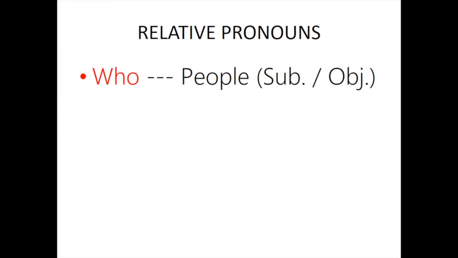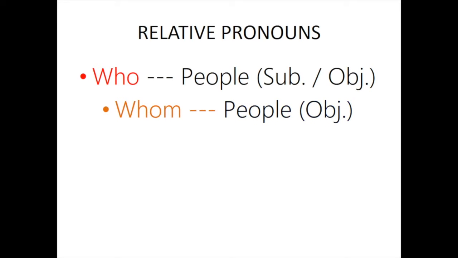Now let's talk more about relative pronouns. In relative pronouns, we have the word who to describe people. And who replaces the word as the subject or the object inside the relative clause. And whom can be used to describe people also, but this time the people can only be the object in the relative clause.